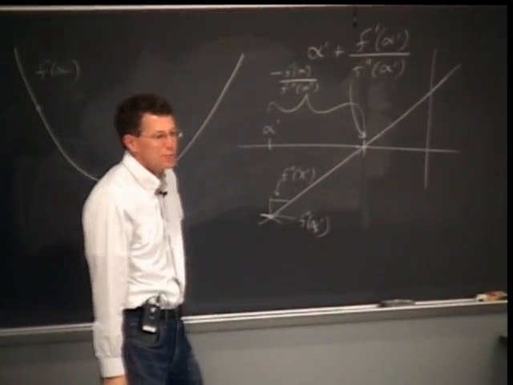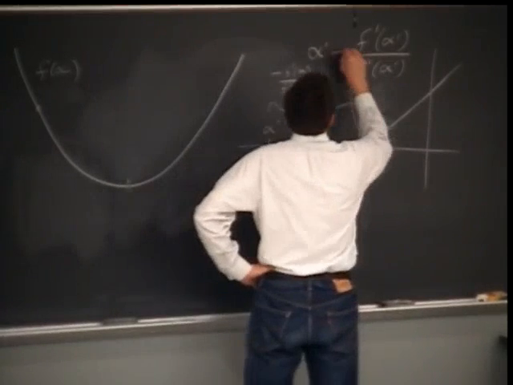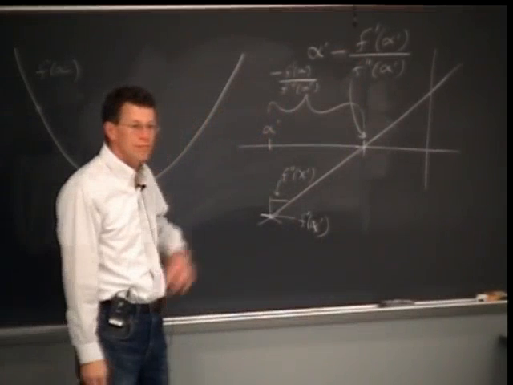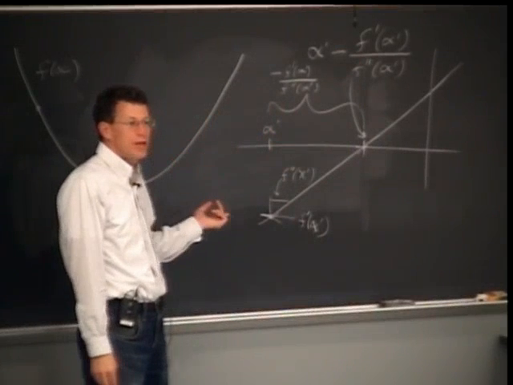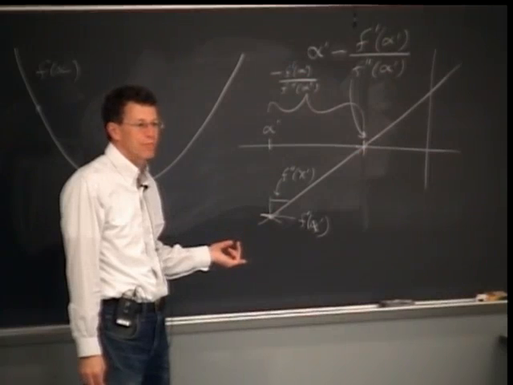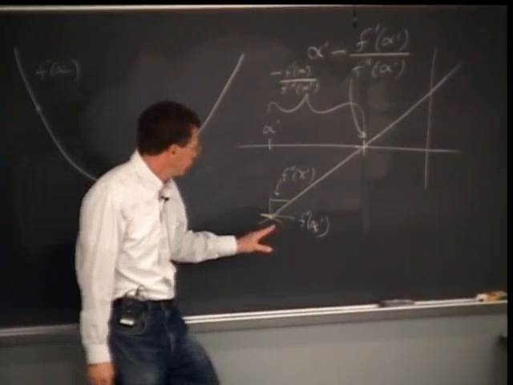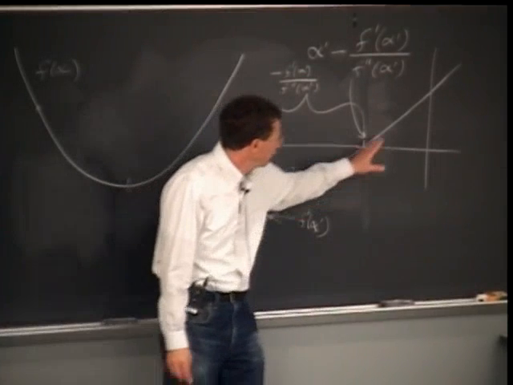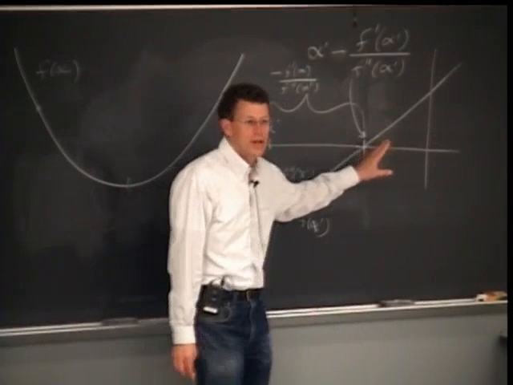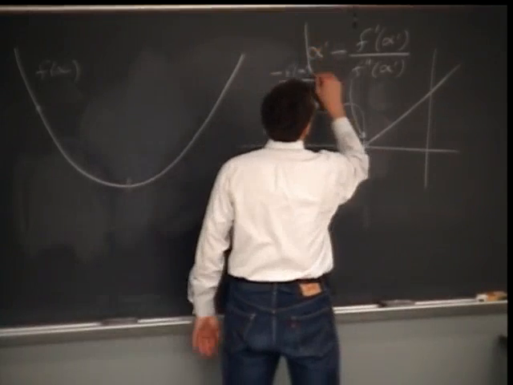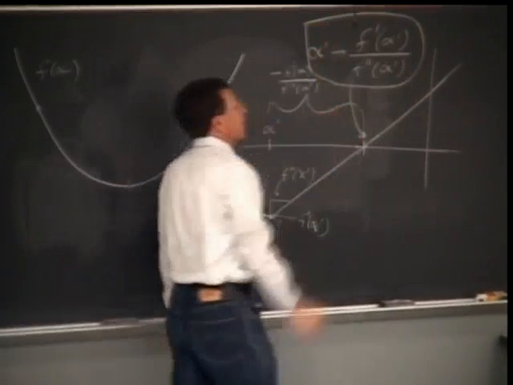This is the Newton update. That's a minus. This is the Newton update in the Newton-Raphson algorithm. If you know the value of the function and you know its derivative, you just take a ruler and draw a line and find the point of intersection. And the point of intersection is given by this formula over here, which is alpha prime.